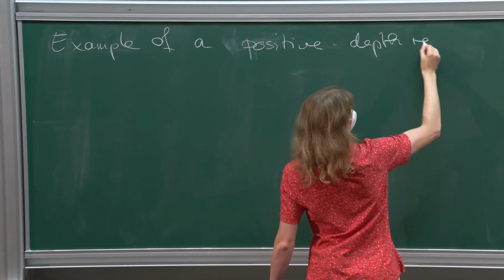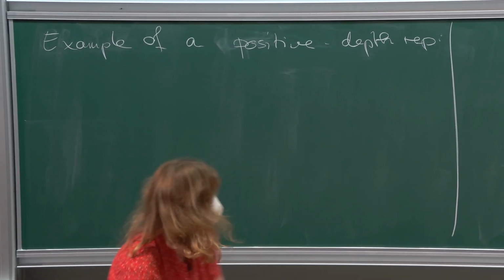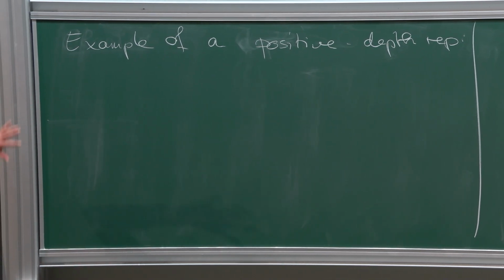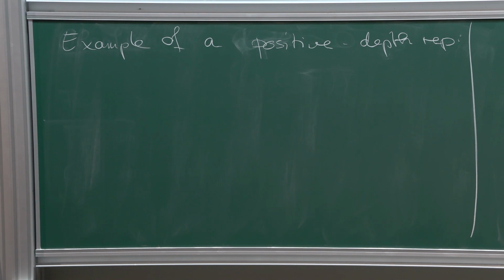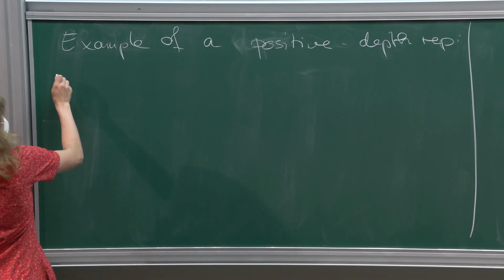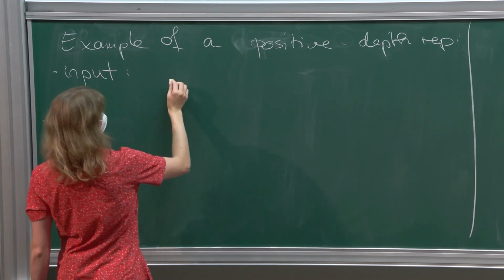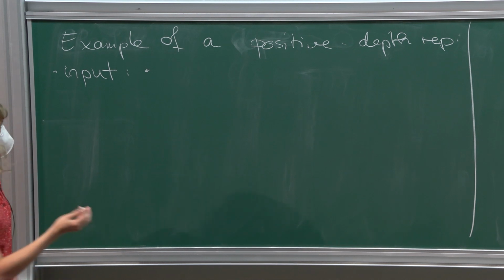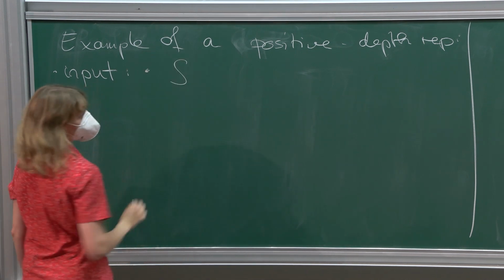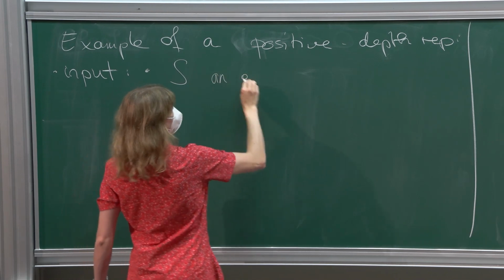Combined with the depth 0 representations, we can then somehow get all representations in the end with a bit more work. So what should be the input? The input should be two things. I want a twisted Levi subgroup, a particular one to make my life easy. I want S to be an elliptic maximal torus.